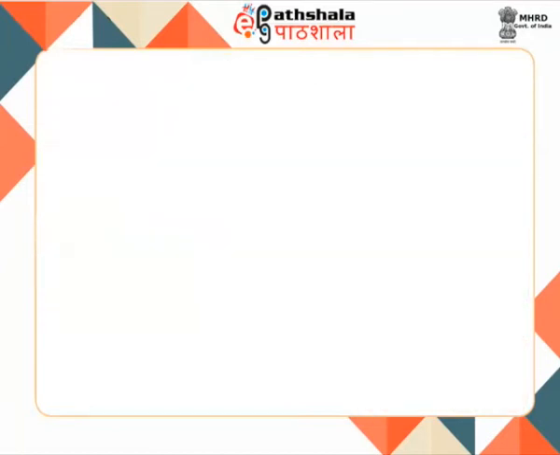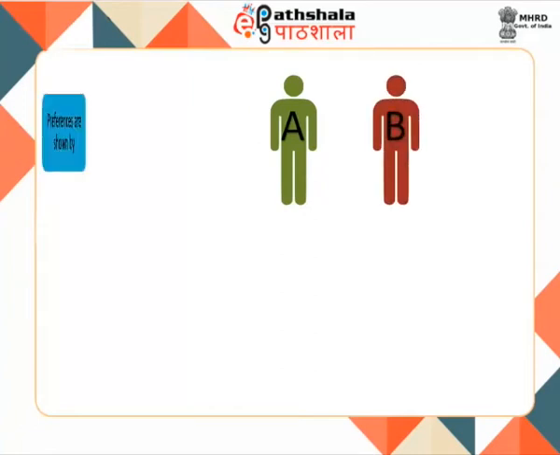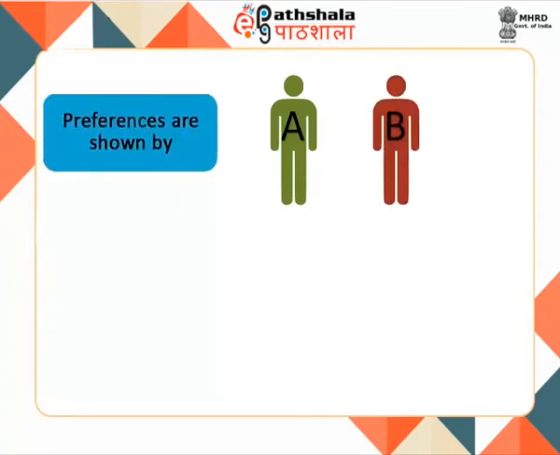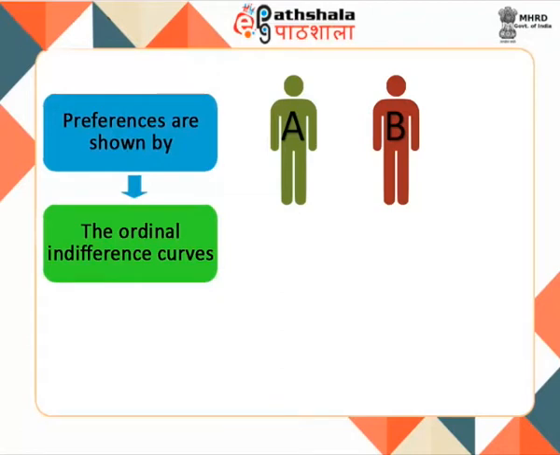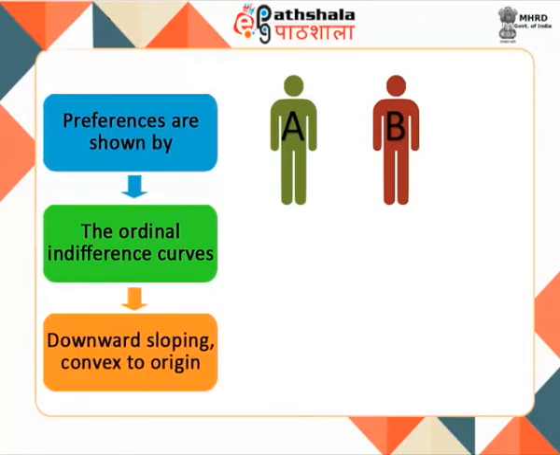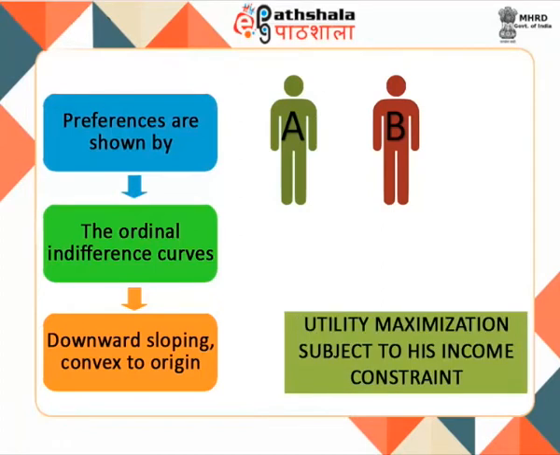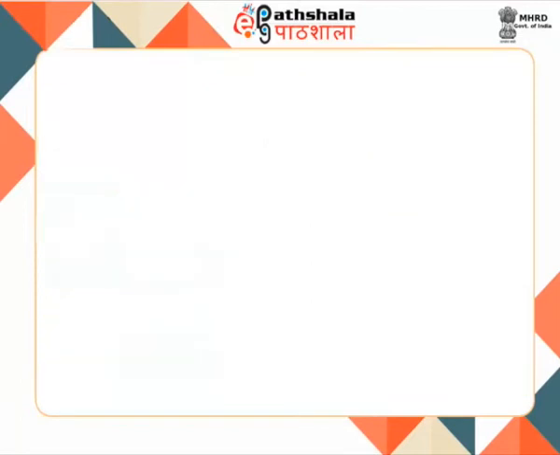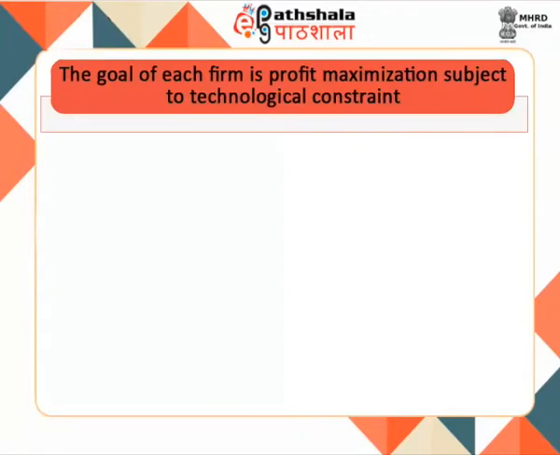MRTS. There are two consumers, A and B, whose preferences are shown by the ordinal indifference curves, which are downward sloping, convex to origin. The goal of each consumer is utility maximization, subject to his income constraint. The goal of each firm is profit maximization, subject to technological constraint.